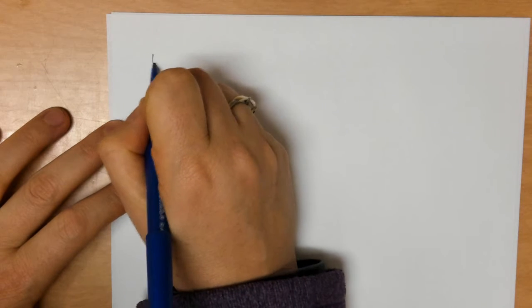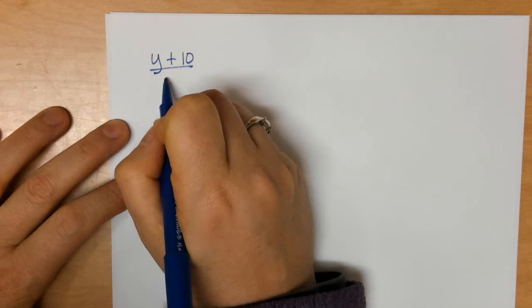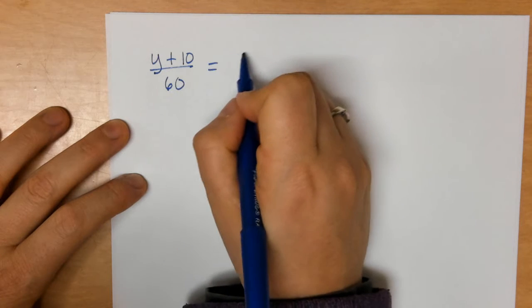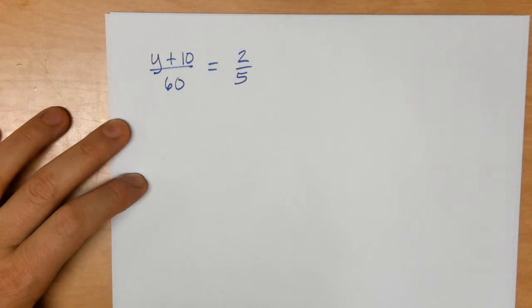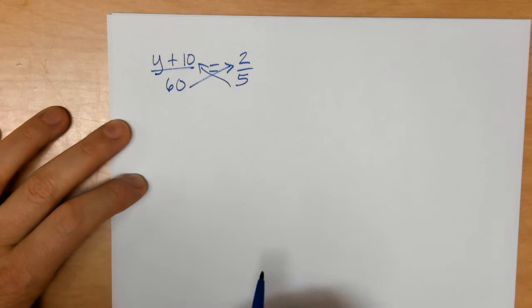Next example. Let's say that I have y plus 10 over 60 equals 2/5. Quite a lot going on here, but we can do this if we go one step at a time.